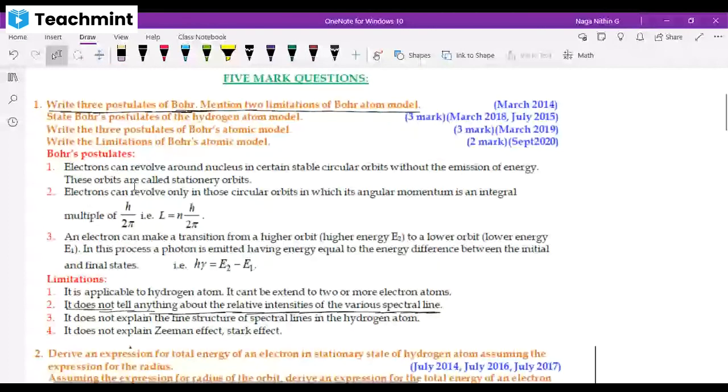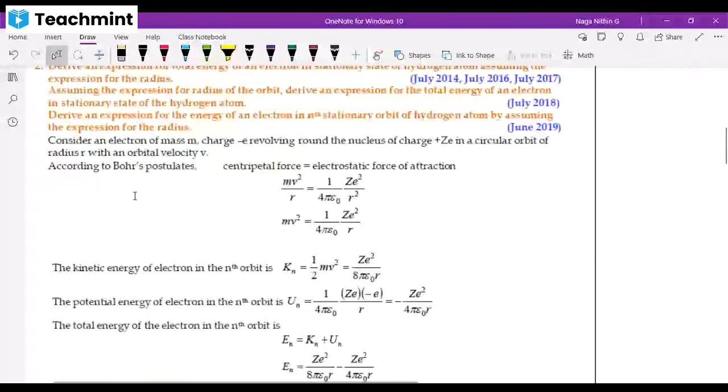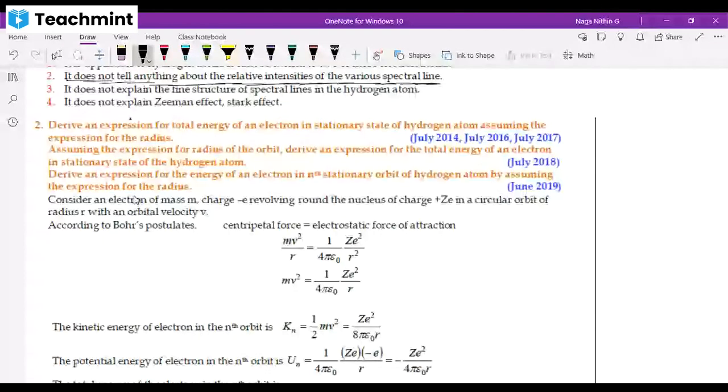Next, see the second question they are asking. This will be the energy of the electron in the stationary state of a hydrogen atom, assuming the expression for the radius.